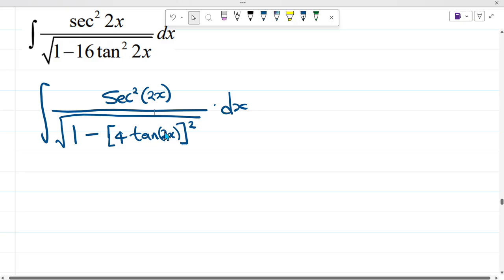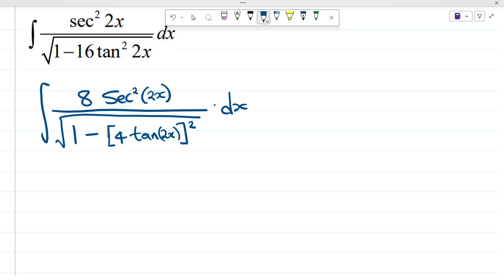So at the end of the day, we should have 8 sec squared. We don't have an 8 there, so we should make sure we have 8, and then cancel out the 8 by putting 1 over 8 there. The 1 over 8 will go with you to the answer, and then this is going to be sine inverse of what?